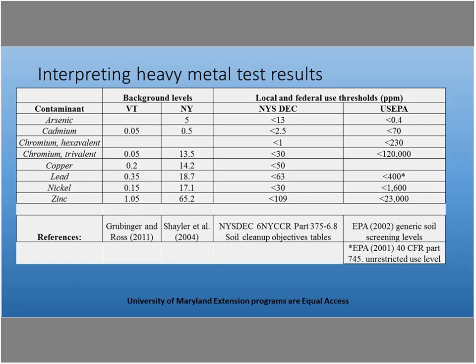That's an example of a local agency that has set a lower level that they recommend people use as a threshold. So in New York, if you have, for example, lead more than 63 parts per million or milligrams per kilogram, they recommend you use best management practices.